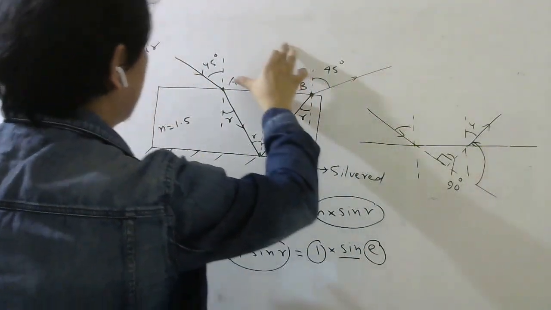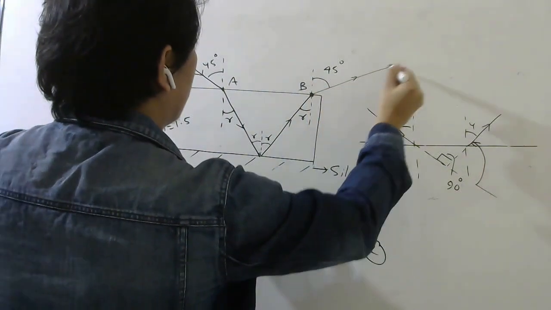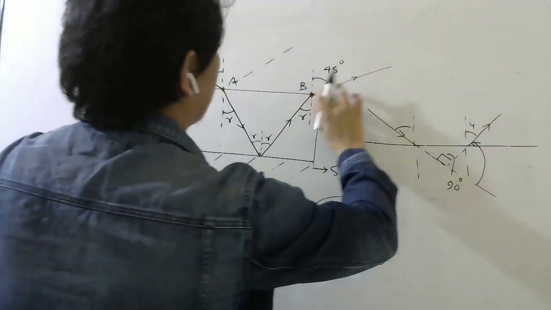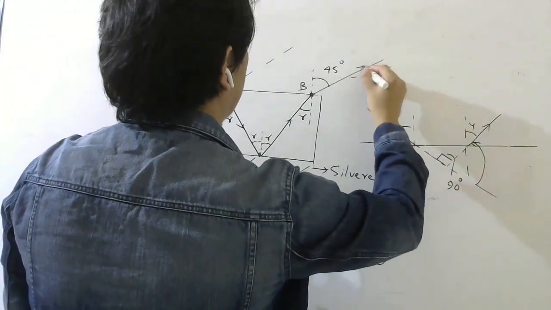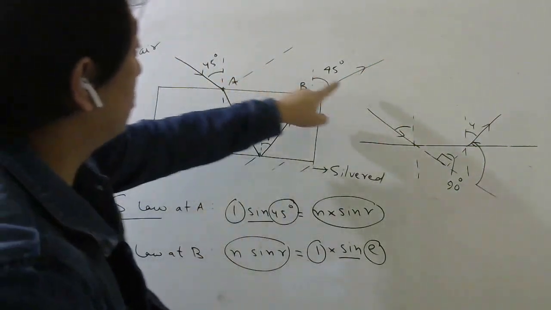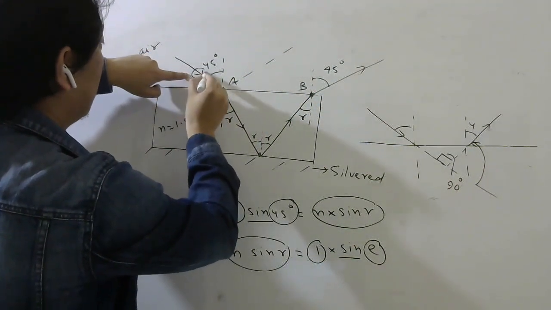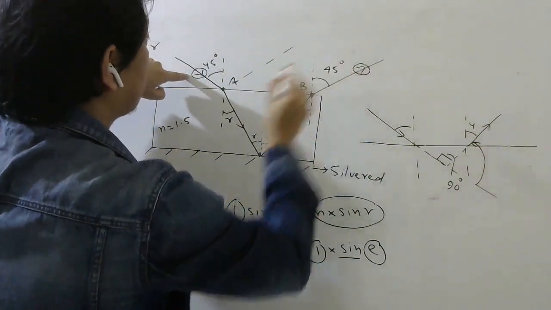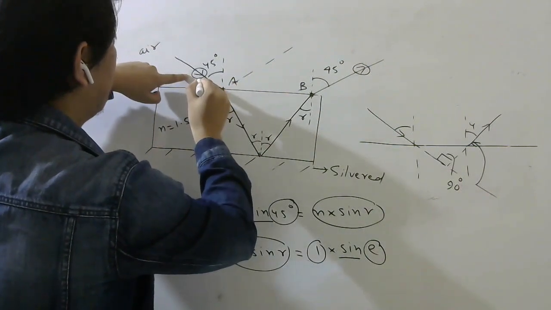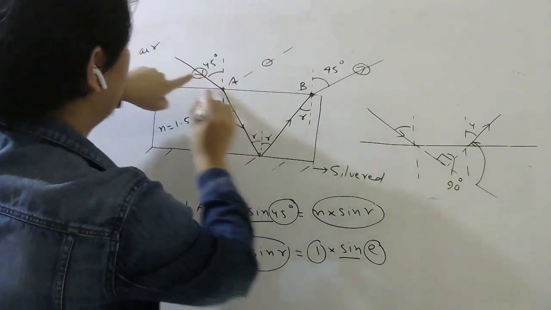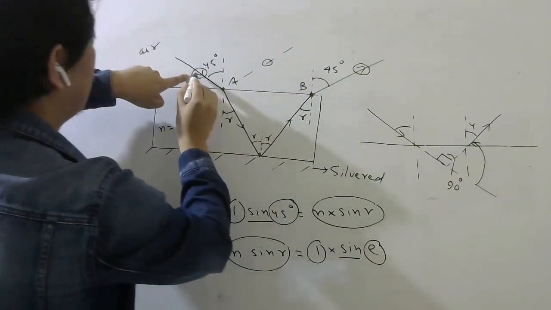Understood? See, this is 45, this is 45. So if I bring this here, if I draw one more line parallel to these two, it should be parallel. So if these two are parallel, then the angle between this and this should be the same as the angle between this and this, because these two are parallel.